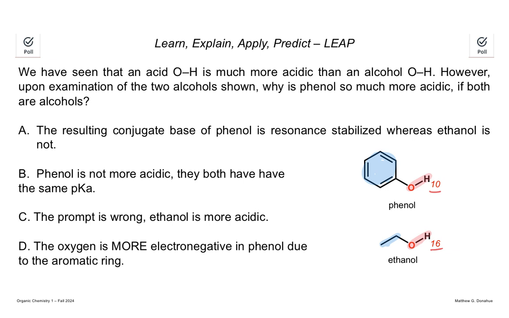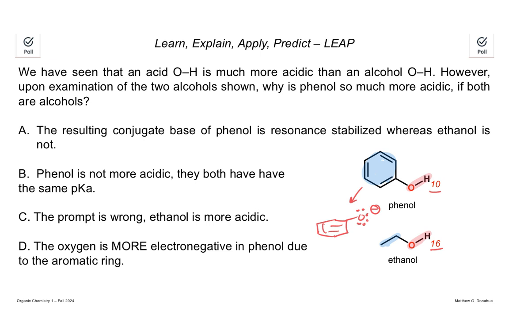When you deprotonate phenol, the negative charge ends up on oxygen. Because it's bonded to that benzene ring, that negative charge can be delocalized through resonance. That's sort of sharing the misery, as it were.